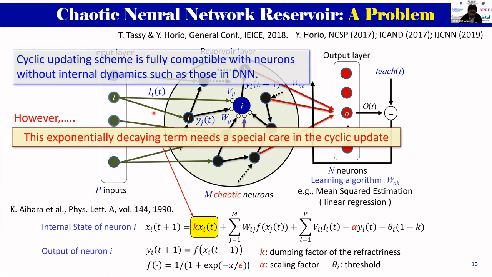So in your verification of the CNNR, you used 10 times for 0, 1 and 2, and that gave more than 70% rate. If there is more learning than 10 times, will the percentage increase?